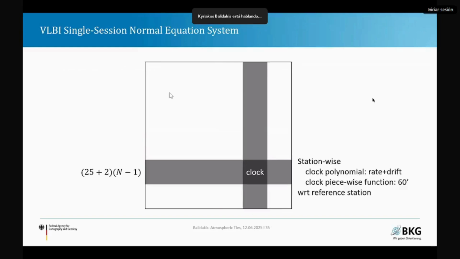We have clock parameters, since VLBI stations are equipped with active hydrogen masers. They have a precision of about 10 to the minus 15. During the processing, we need to estimate some functions to describe the behavior of these frequency standards.